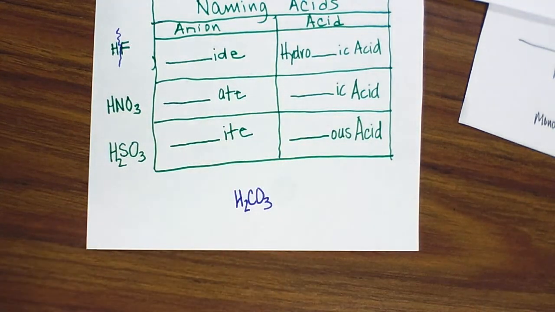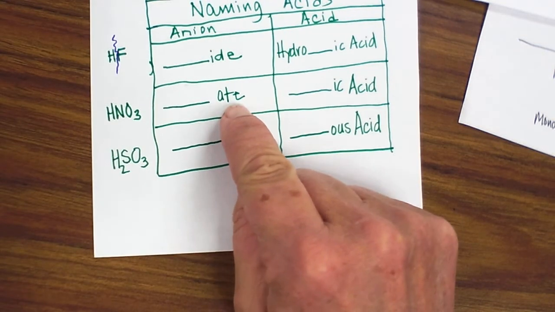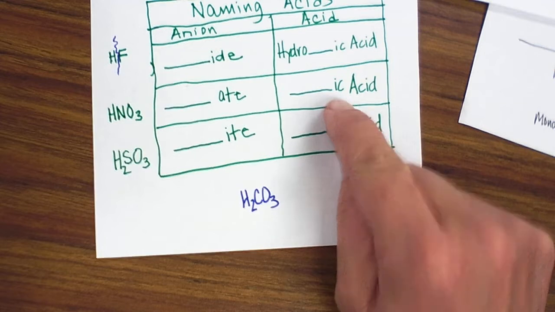So, examples. H2CO3. So what is the CO3? We look it up on your polyatomic ion list. Carbonate. So it's an ATE, which means this is carbonic acid.